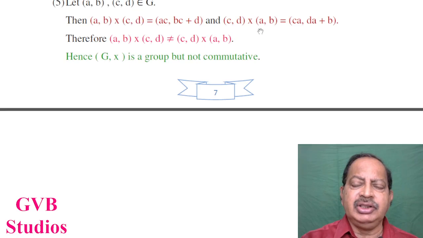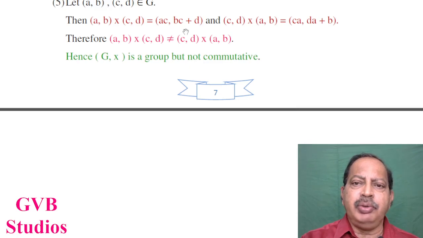And (c, d) cross (a, b) gives (ca, da plus b). Here the first component is ac and here it is ca. Of course these two may be equal, but the second component is bc plus d and here this is da plus b. These two are not equal.